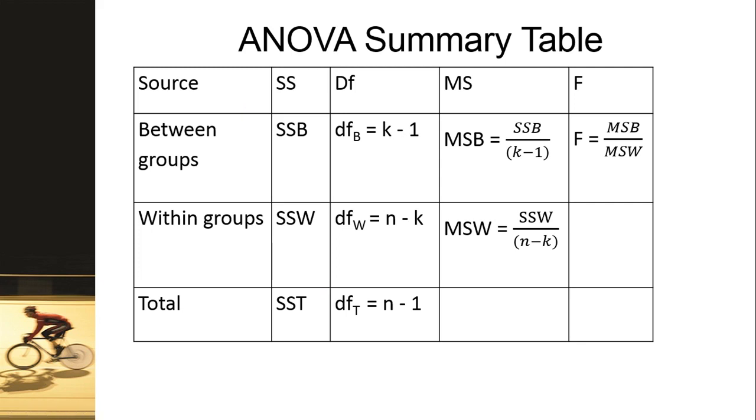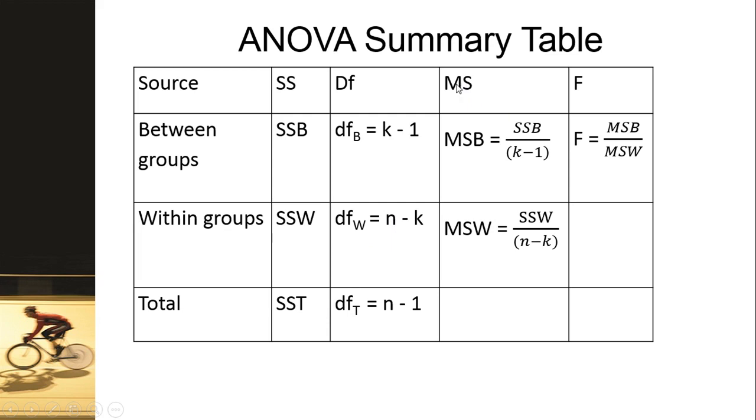For within groups, the degree of freedom is n minus k, where n is the sample size and k is again the number of groups. And the degree of freedom for sum of square total is going to be n minus 1.